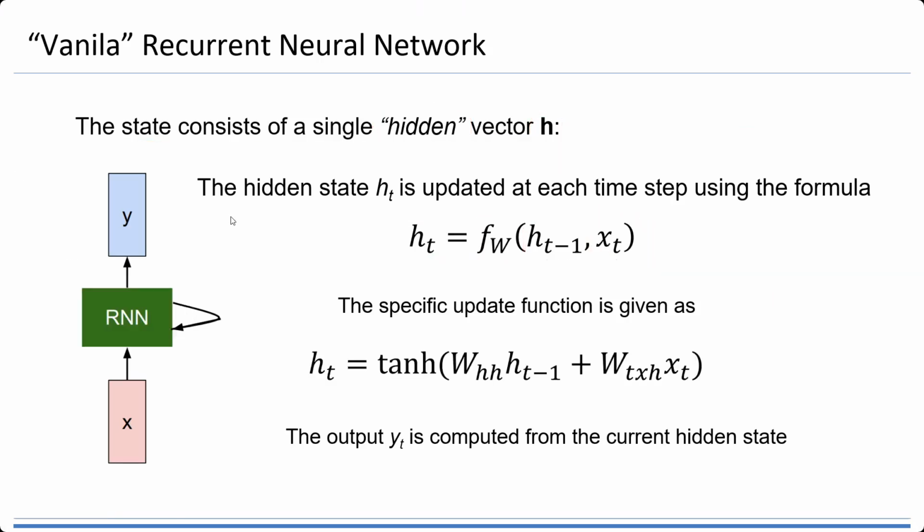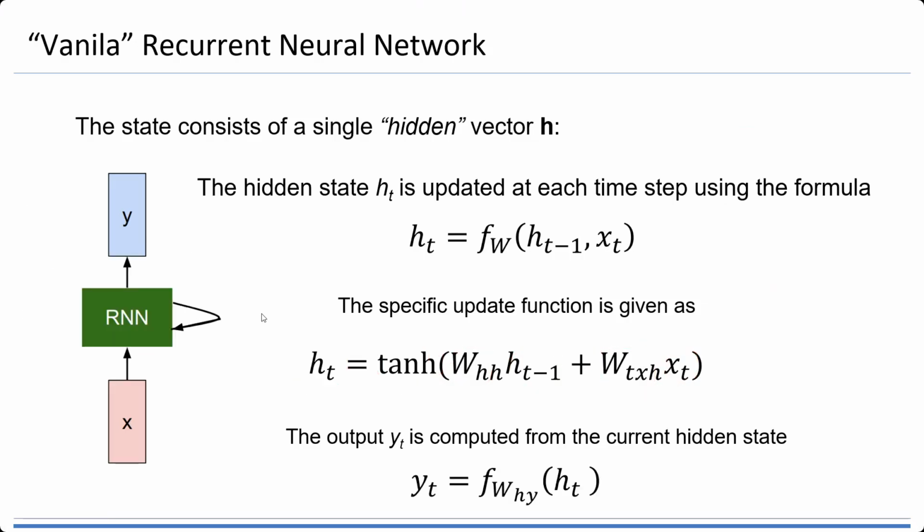Then, for example, we apply a tanh function. The new hidden state ht is the tanh of W times ht minus 1 plus W times the current input.